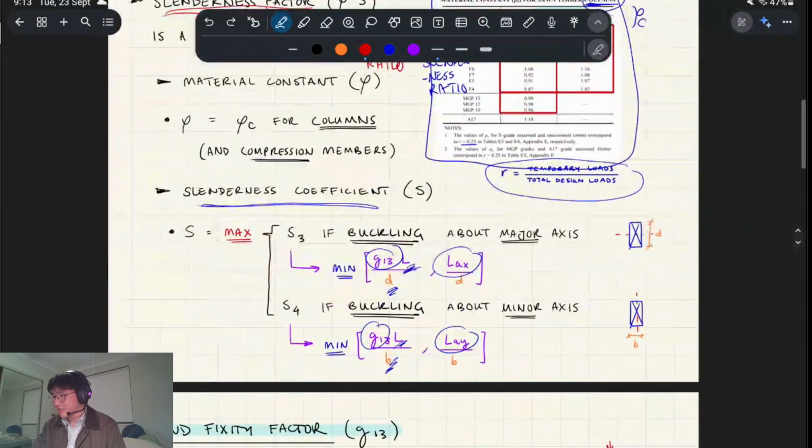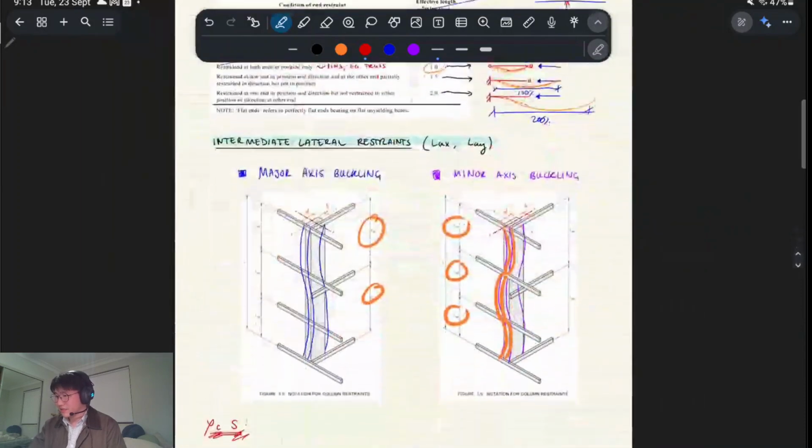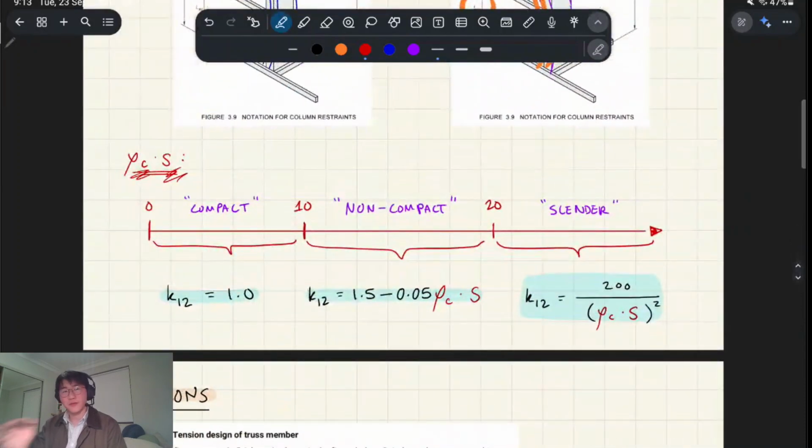Slenderness factor was the max of these two things. Multiply those two values together and we get some number. Depending on what that number is, we can use three different formulas. There's a formula for when you have a compact, non-compact, or slender, what's the word, member, I guess. And then you have a certain amount of capacity reduction.